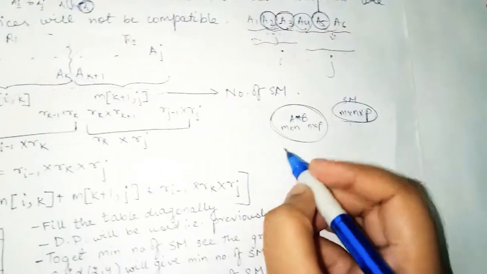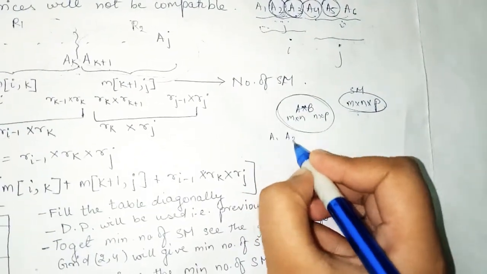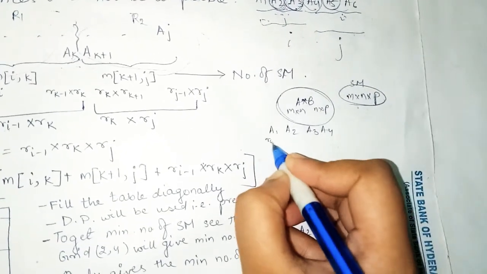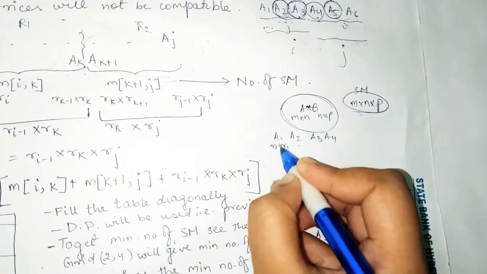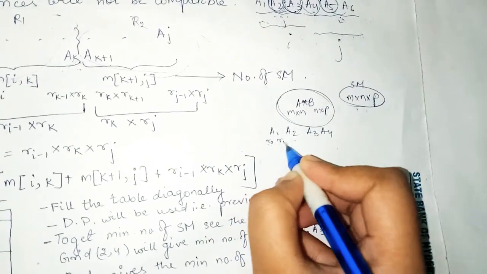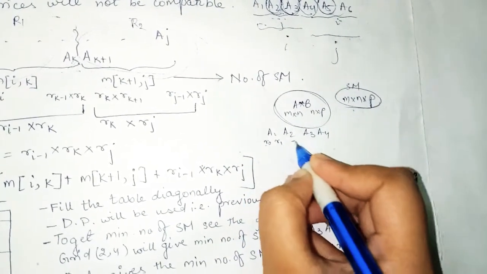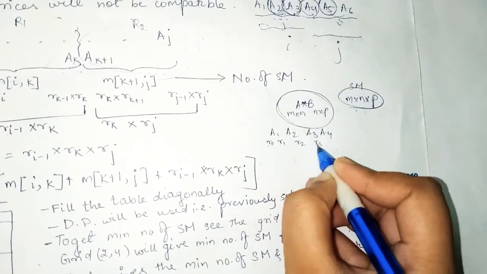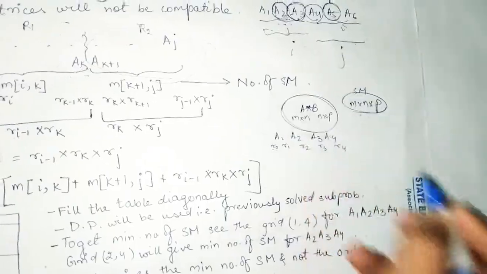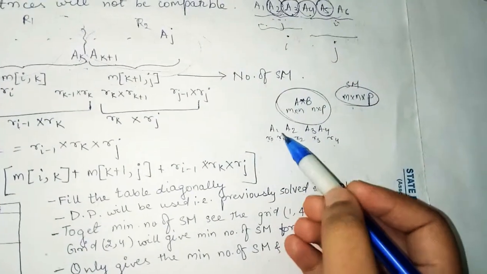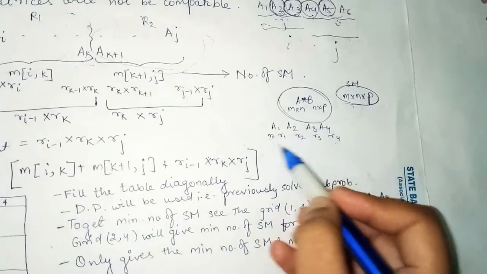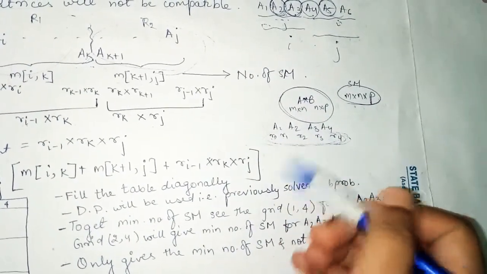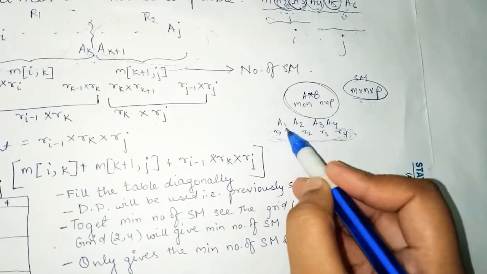How do we know this? Suppose A1, A2, A3, A4. A1 has the size r0 cross r1. A2 has the size r1 cross r2. A3 has the size r2 cross r3. A4 has the size r3 cross r4. And this array of sizes is the input for my algorithm.